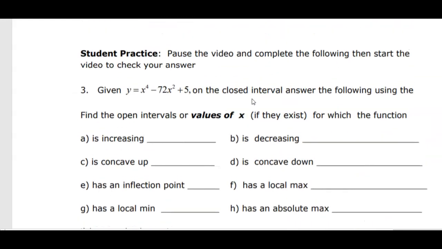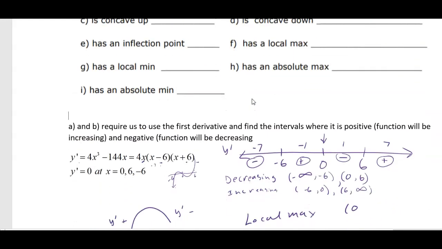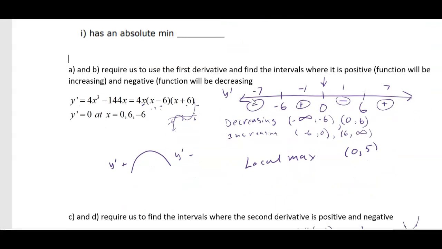And the function was pretty easy to find. So that would be at 0, 5, because f of 0 will be 5. And a local min, now there may be two local mins. It looks like I have, so a local min looks like this. So y prime would have been negative, and then y prime would have been positive over here. So anytime I go from negative to positive, there's one, and there's one.